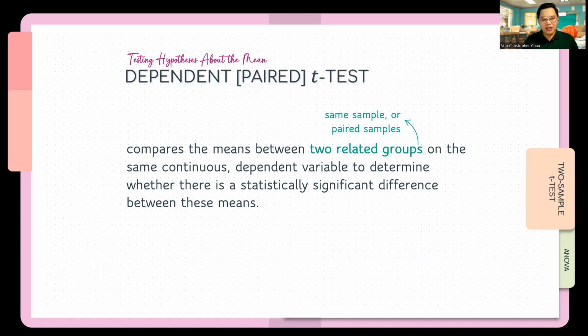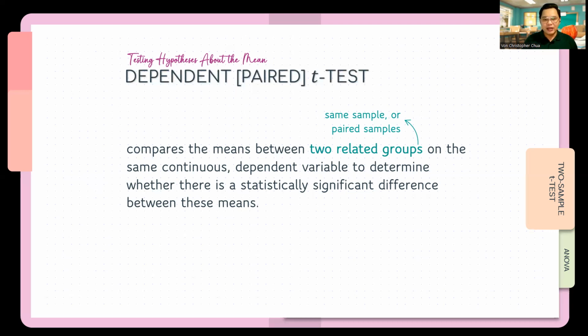And then after they go through that intervention, a similar test is provided for them, and then we measure them on the same variable of interest, and we compare their pre-test scores with the post-test scores and try to see whether or not there is a significant difference. So that's another kind of situation that would make the dependent or paired t-test appropriate.